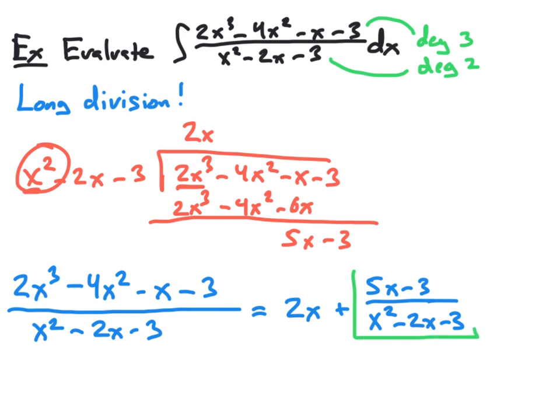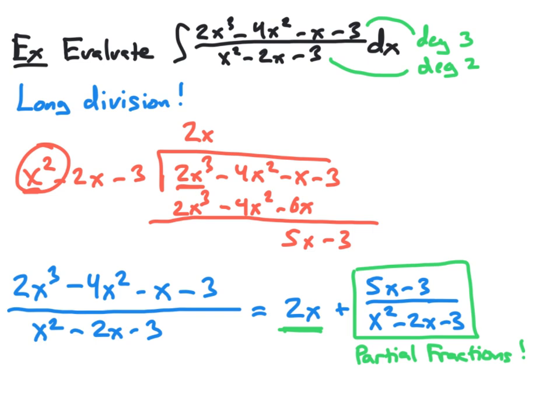And this term here has the standard partial fraction format where we have a degree 1 polynomial over a degree 2 polynomial. So the degree in the numerator is smaller, and we can find a partial fraction decomposition of this expression. We do have to remember when we integrate to also include the 2x as well. We're going to integrate that term, but that does not require partial fractions.